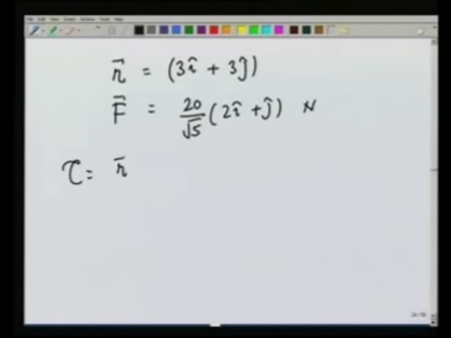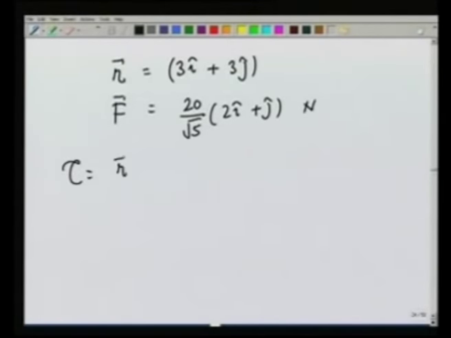Let us call this R_j cross F_i, and R_j can be taken out because it is the same for all forces, so it is R_j cross F_i summed, which is nothing but R_j cross F total.